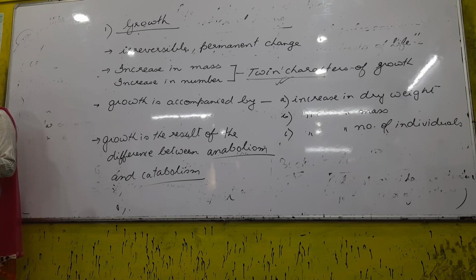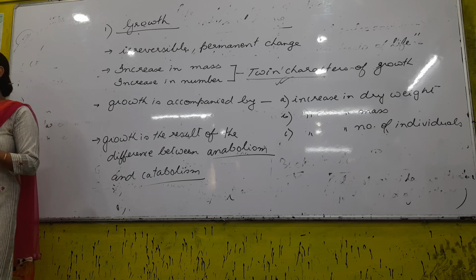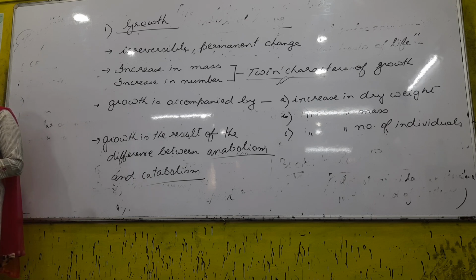We are multicellular organisms. Give me one example of a unicellular organism: amoeba, bacteria. They grow too, but does that mean the growth of multicellular and unicellular organisms is the same?